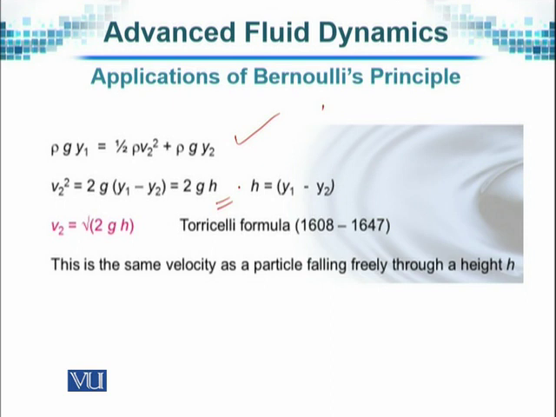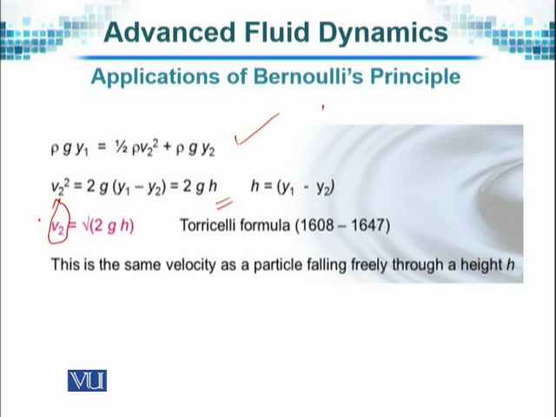And y1 minus y2, by the way, has been denoted by h, the difference between the water levels, which results in what we want to know, V2, and that is determined as equal to root 2gh.